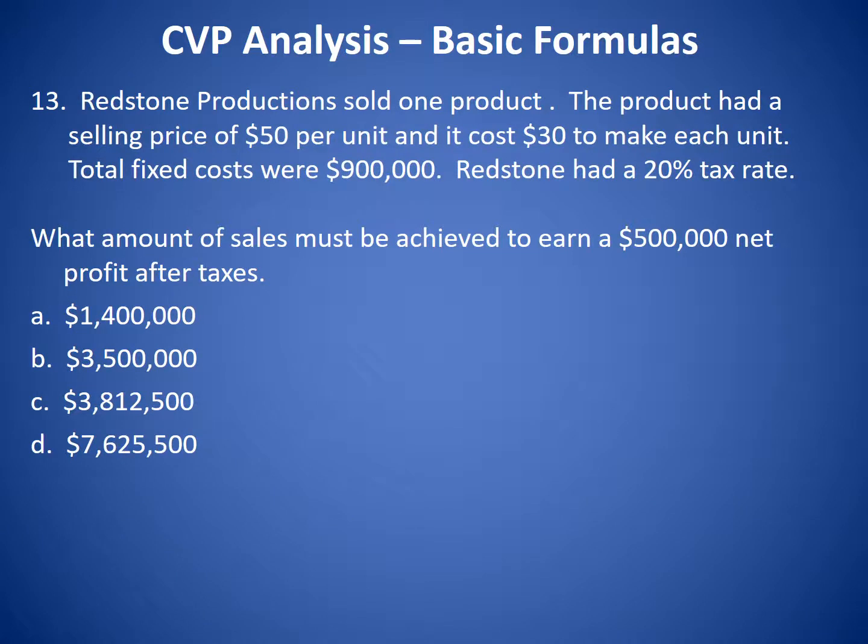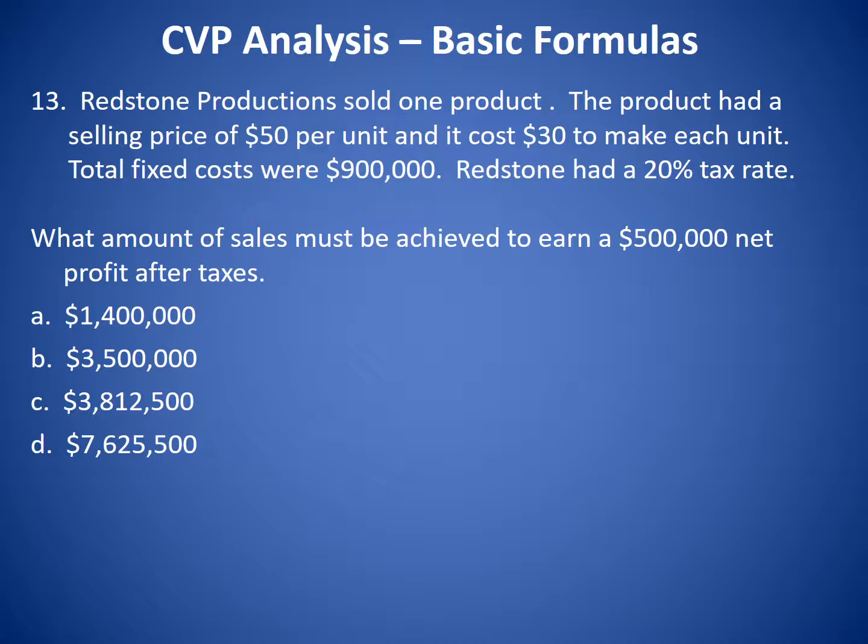Let's try number 13. Redstone Productions sold one product. The product had a selling price of $50 and it cost $30 to make each unit. Total fixed costs were $900,000. Redstone had a 20% tax rate.